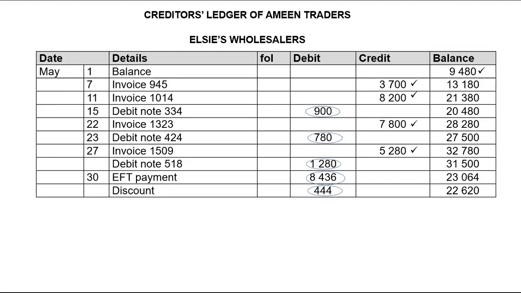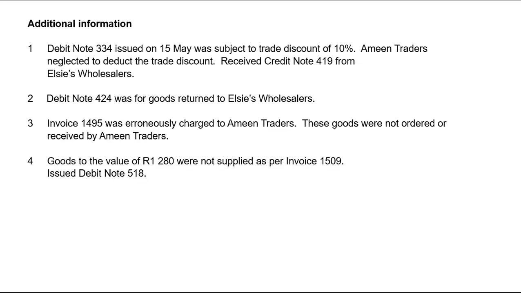According to the creditors ledger on the 15th of May, we've got debit note 334 of 900. So that debit note, that's the one that we're talking about. Okay, let me see what they say about the debit note. Was subject to trade discount of 10%. Oh my word. So that debit note, we are saying we are returning goods worth 900, but no, we're not returning goods worth 900 because in the first place, we never owed them 900.